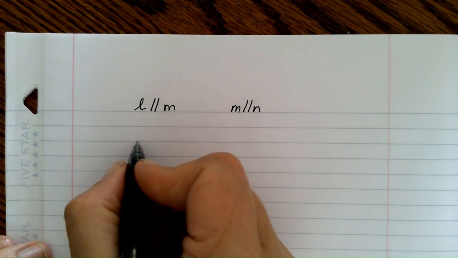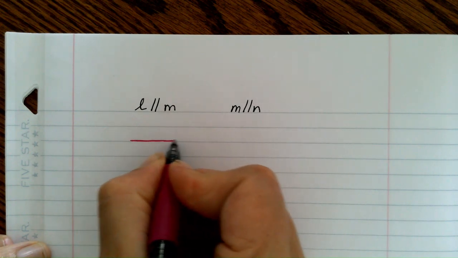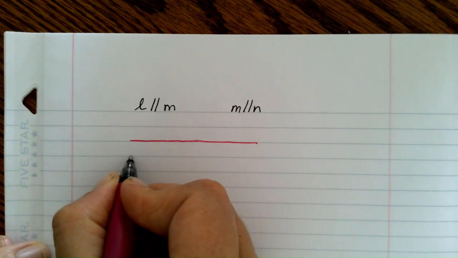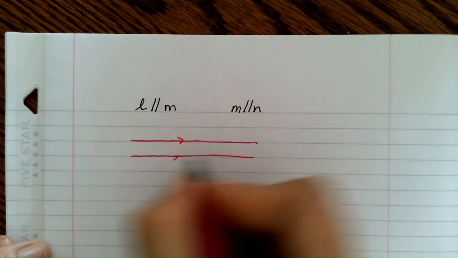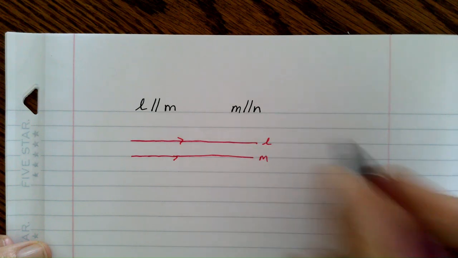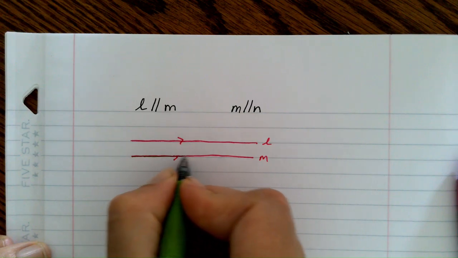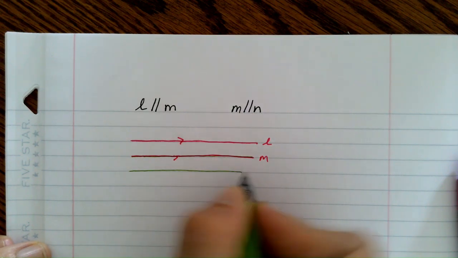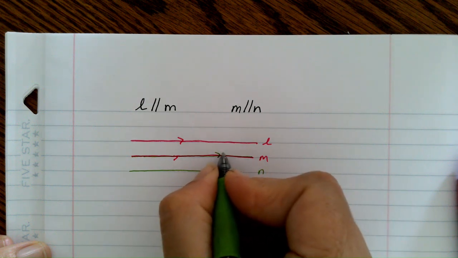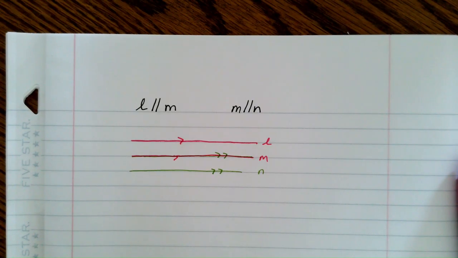So I'm going to draw line L parallel to line M. And then it says line M is parallel to line N. So can we conclude anything?